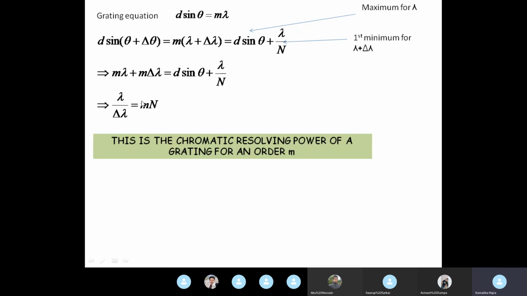So you put m equal to 1, you put δλ equal to 6 angstroms, you put λ as the mean wavelength of sodium light, and solving this you get the value of N. So at least that number of rulings must be present on the grating so that you can see the sodium lines separately. And this resolving power method is very highly used to see separation in the laboratory.